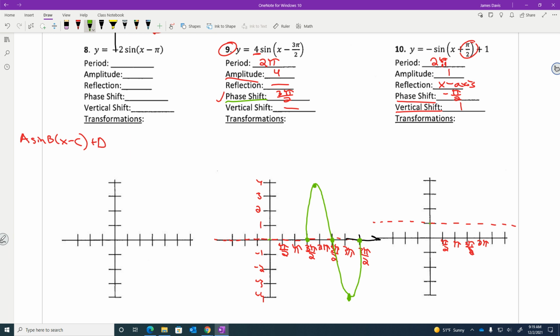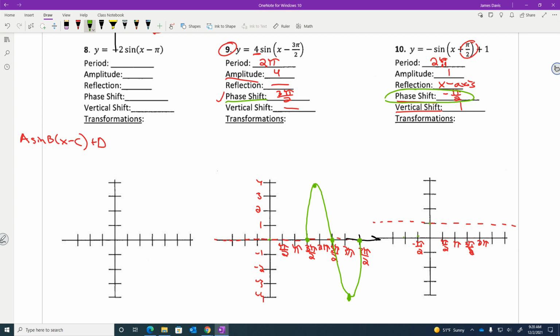It doesn't change. All right. Now, the next one, though, right, is going to be the phase shift. So this tells a left pi over 2. So each of these is a pi over 2. I'm going to go ahead and just label this one negative pi over 2. That's all of where we'll actually need to go.